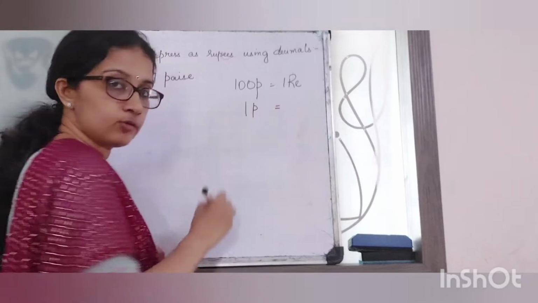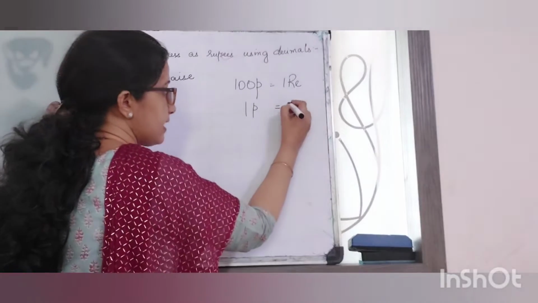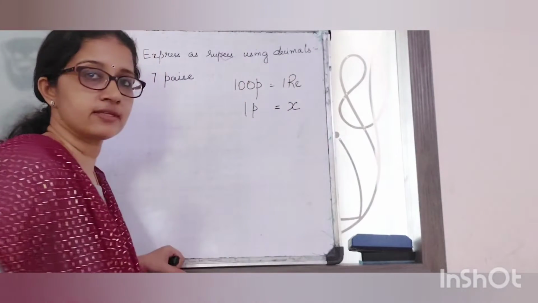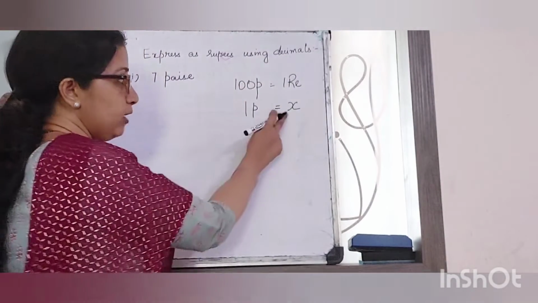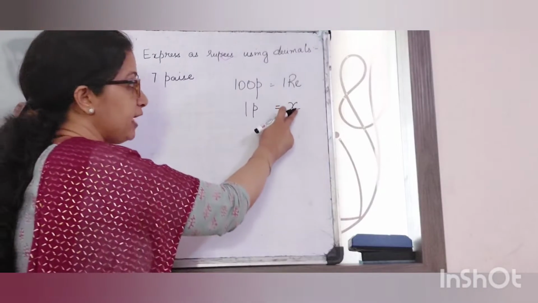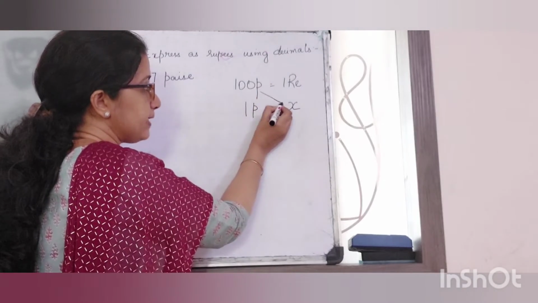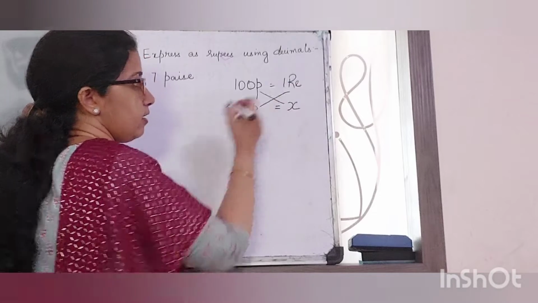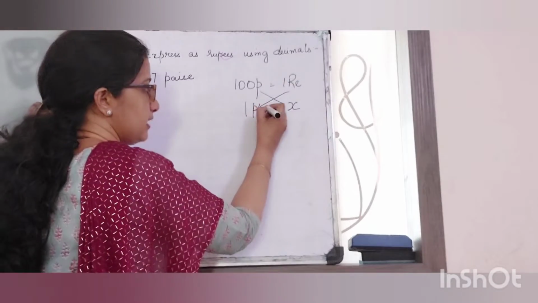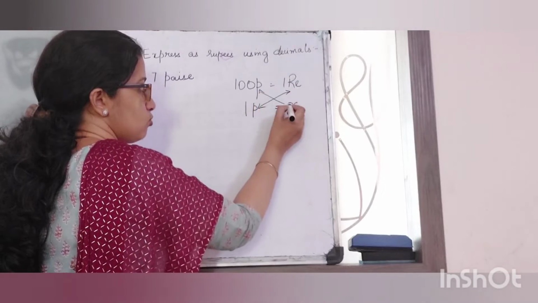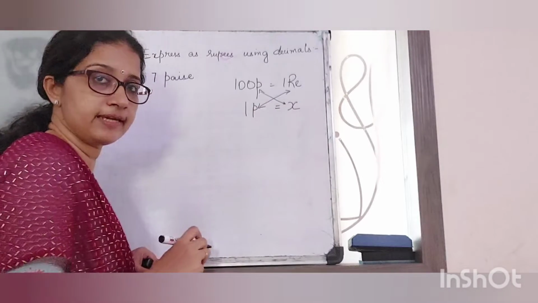1 paise is equal to, let us consider that as x rupees. Now to find out this x, we have to cross multiply these two. What do you mean by cross multiplication?